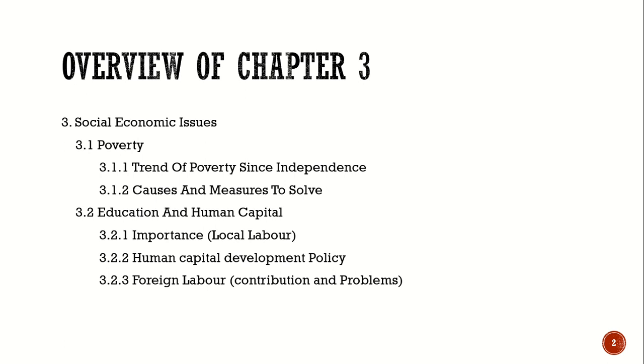So it could be poverty, it could be income imbalance, it could be education, and so on and so forth. But the discussion is limited to this subtopic, poverty and education and human capital, because they are the most important things in the current days.